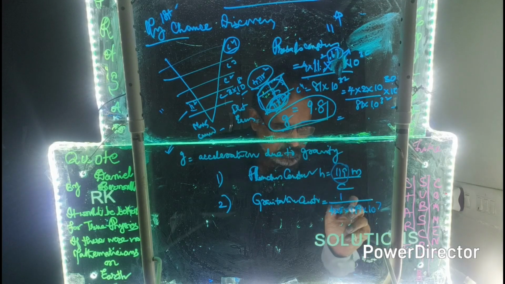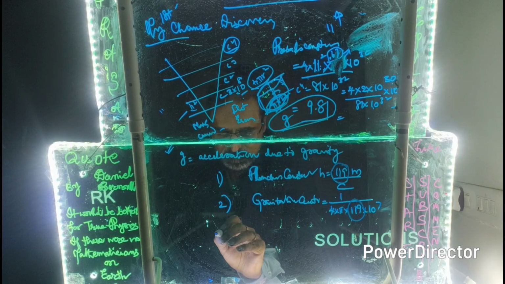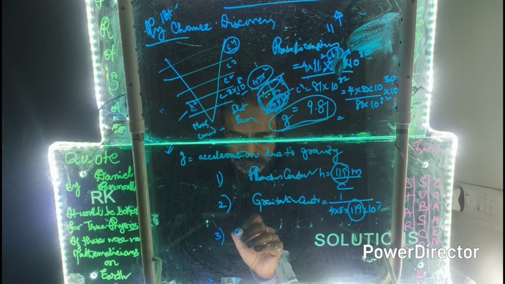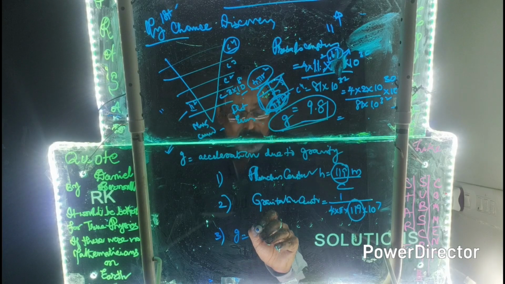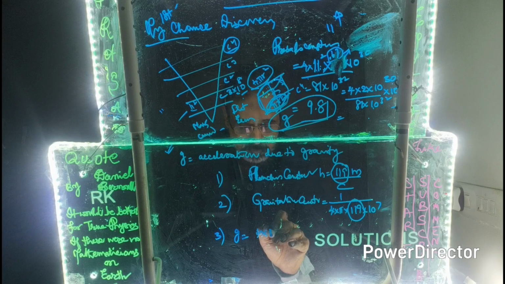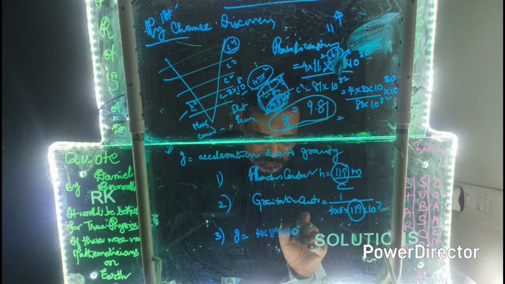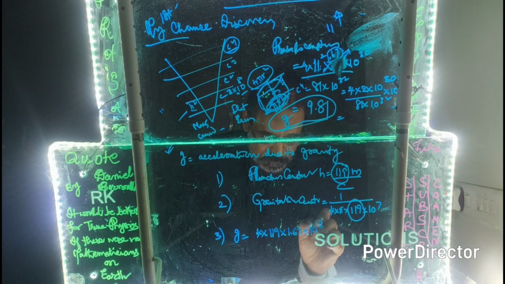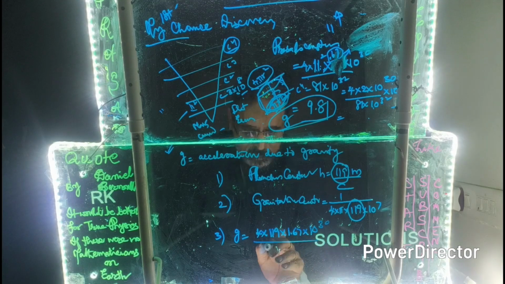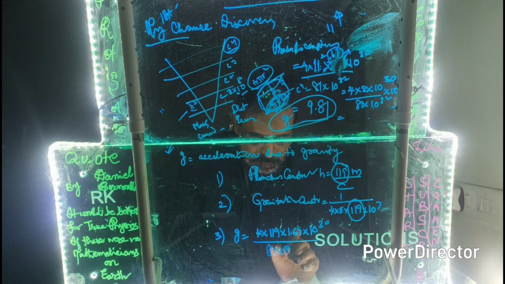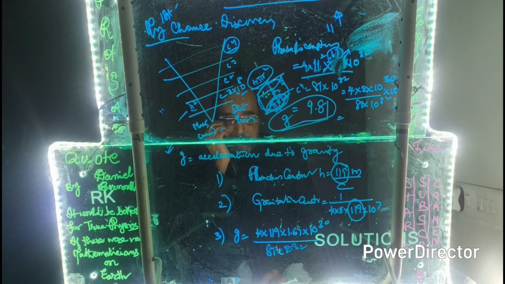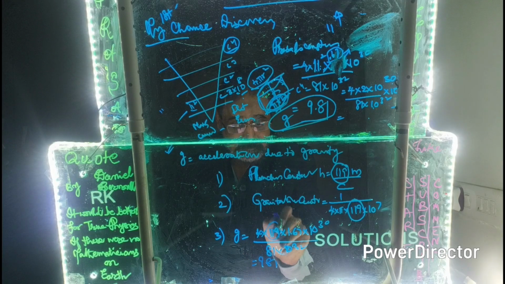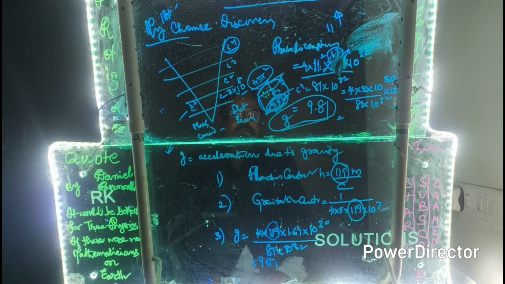First time around, second time around, and the third time around, G is equal to 4 into 119 into 1.67 into 10 raised to 30 by 81 into 10 raised to 32. This exactly worked out to be 9.8. This is the third time around. So, as usual, I rest my case.